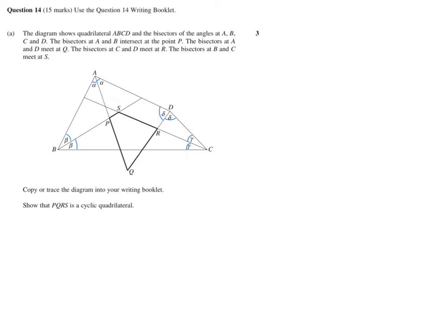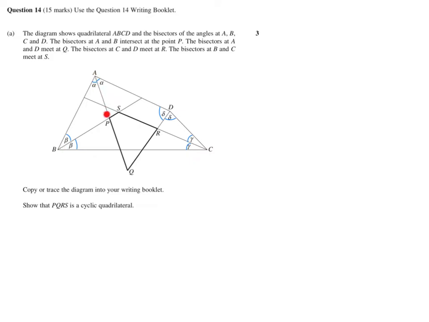Question A tells you that there is a quadrilateral ABCD, and at each vertex there is an angle bisector drawn to the angle, and two of the angle bisectors intersect at one point.